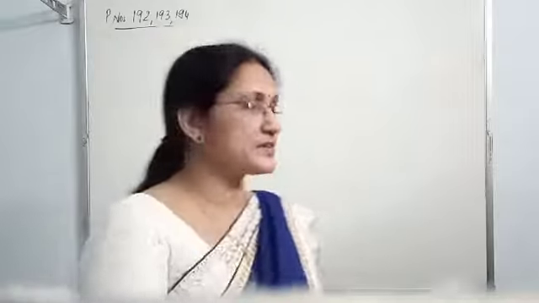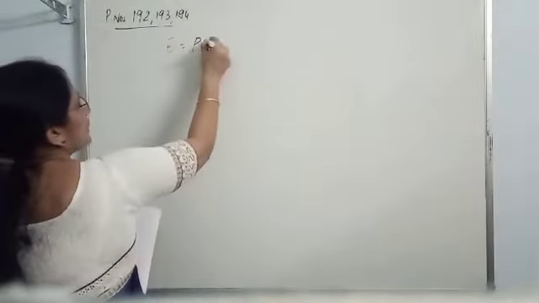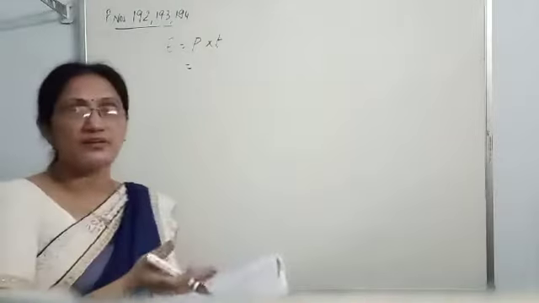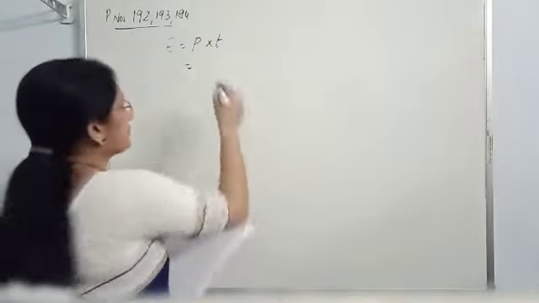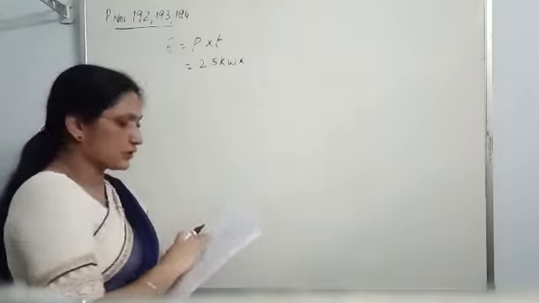How much energy it consumes, you have to calculate first. For that, use the formula energy is equal to power into time. Power is already given in kilowatt, 2.5 kilowatt, and time also given in hours.